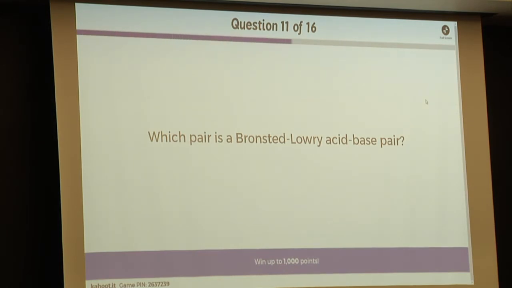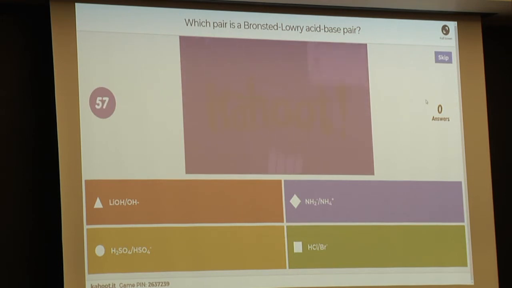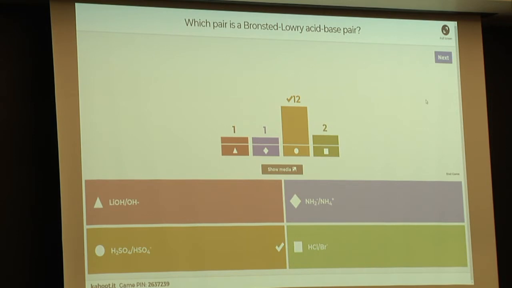All right, which pair is a Bronsted-Lowry acid base pair? All right, yeah, so H2SO4 and HSO4 minus would be the acid base pair.